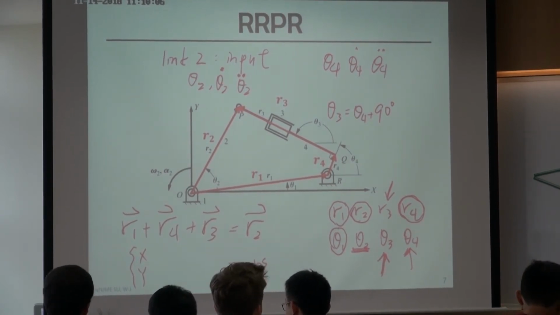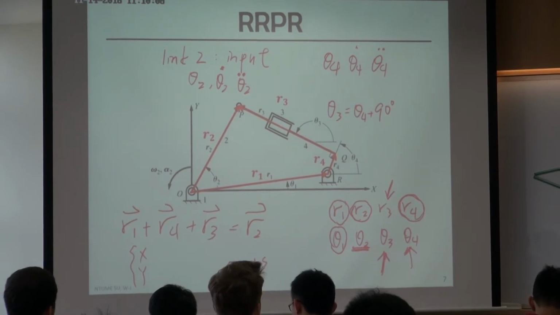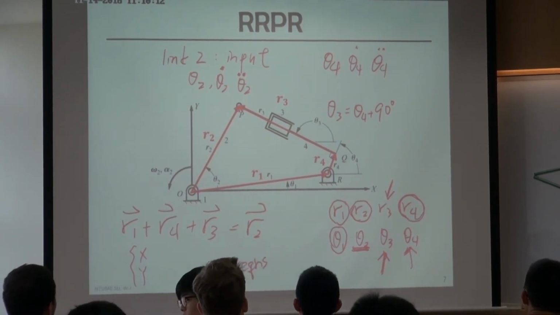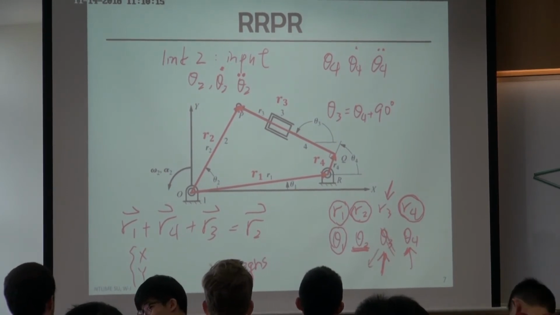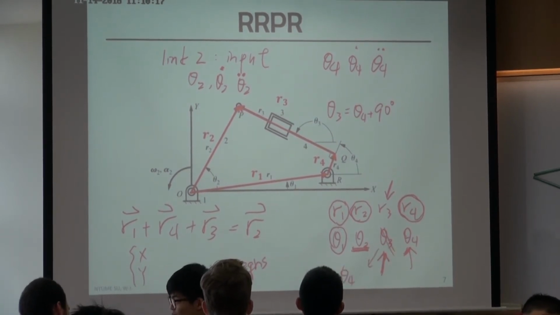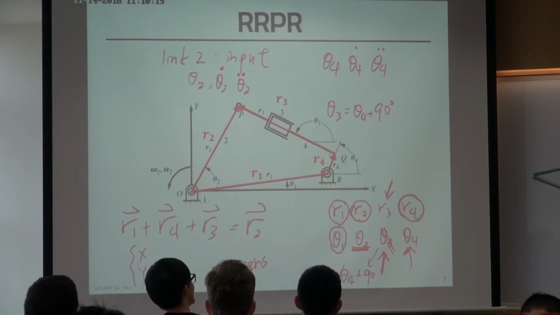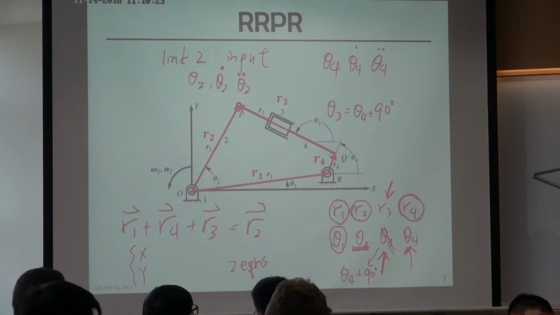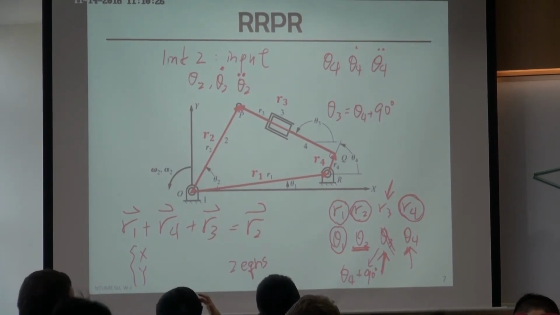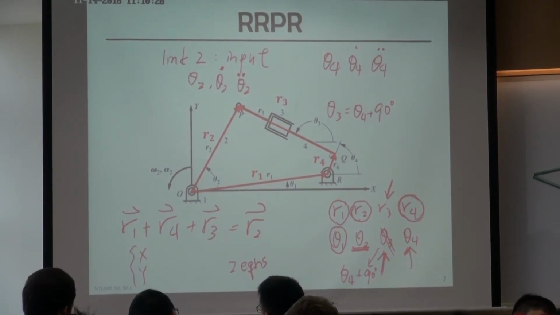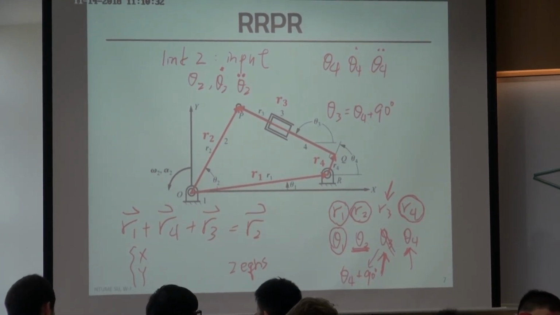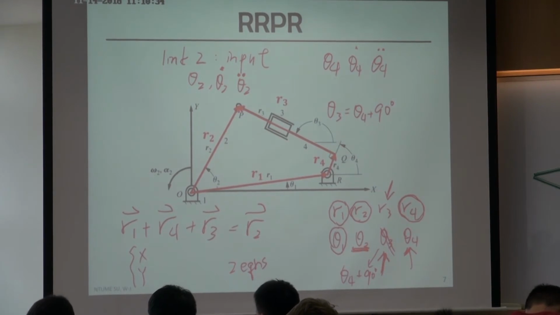Or you can simply substitute theta 3 with theta 4, so you can eliminate this one. Theta 3 is theta 4 plus 90. So right now we have enough equations to solve the same number of unknowns. So this should be solvable.